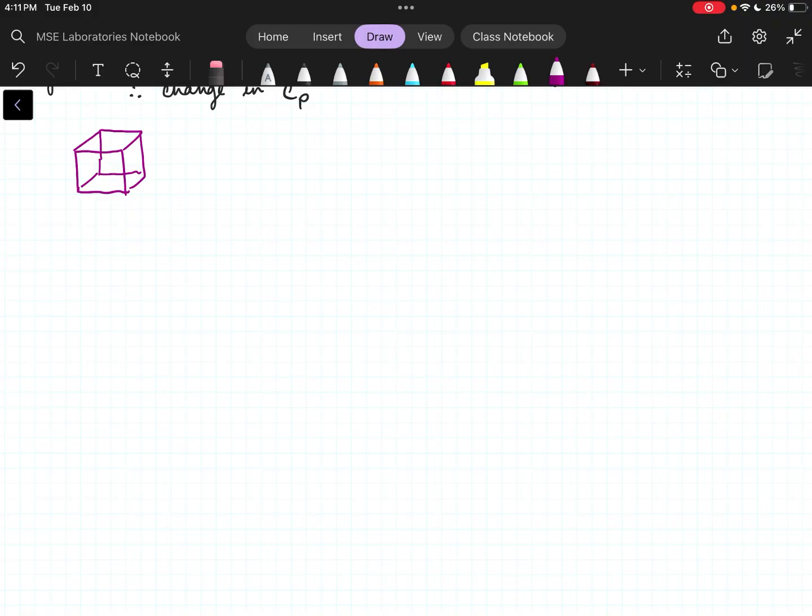I drew that ice cube the difficult way, but here's the easier way to draw a little cube. Okay, and I'm going to scoot that over just a touch. So I have an ice cube here.